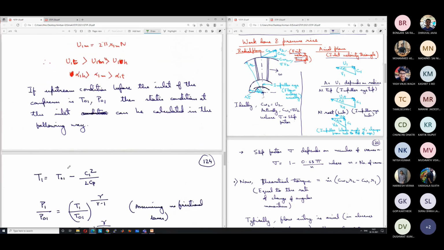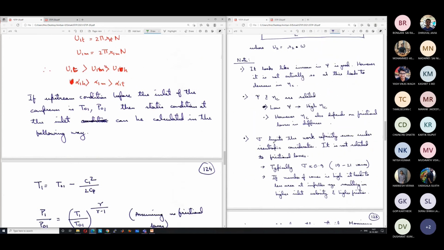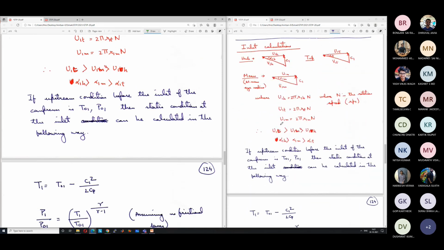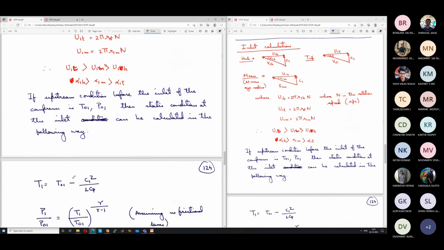T1 is related to T01 as we know that T01 is equal to T1 plus C1 square by 2Cp, where C1 is the actual velocity. As a result, T1 is equal to T01 minus C1 square by 2Cp. If you know C1, we can find out T1 from T01.